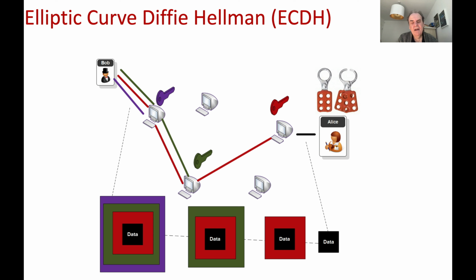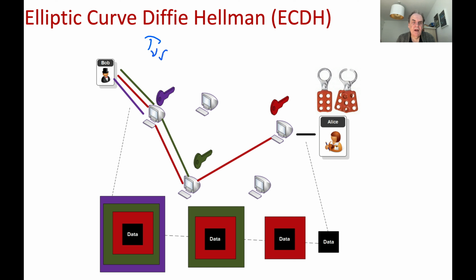We'll be covering key exchange later on in the module, but one of the applications of elliptic curve is elliptic curve Diffie-Hellman, which is a key exchange method, and it's used in the Tor network.